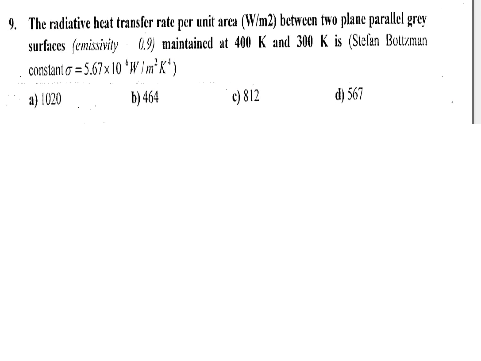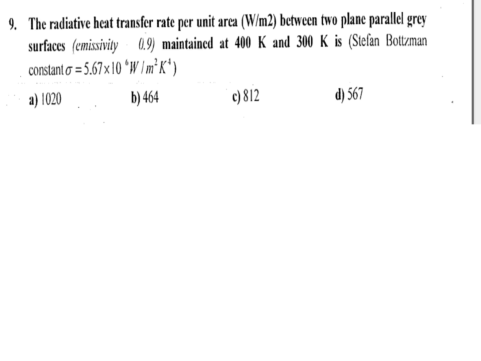The radiative heat transfer rate per unit area, watt per meter square, between two plane parallel gray surfaces, emissivity 0.9, maintained at 400 Kelvin and 300 Kelvin, Stefan Boltzmann constant sigma given.